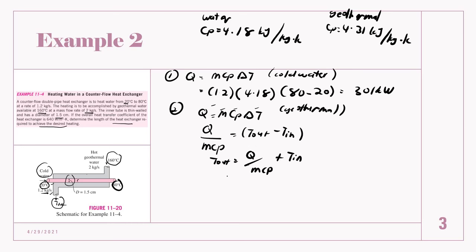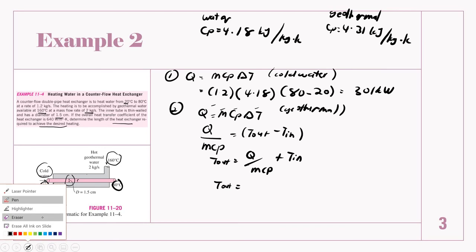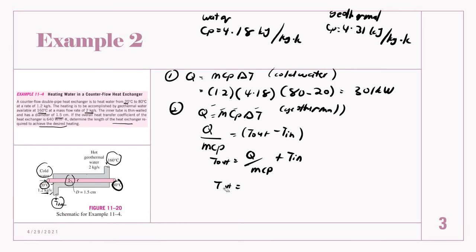So substitute all the values inside here, you will get T out is equal to... okay, let me substitute first for you. I'm so sorry, for this part, basically, we erase first.